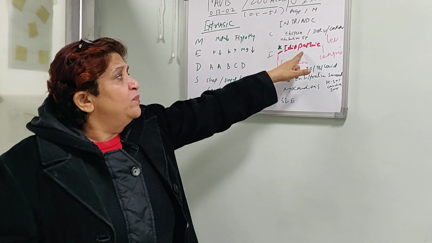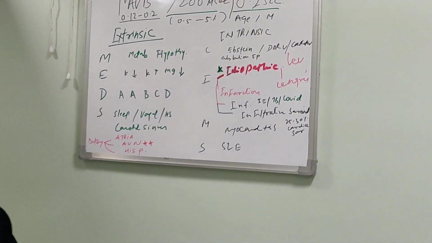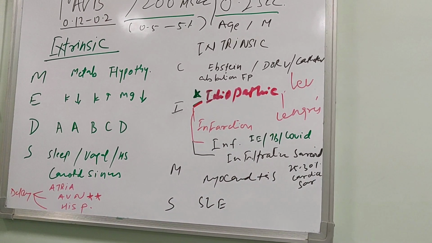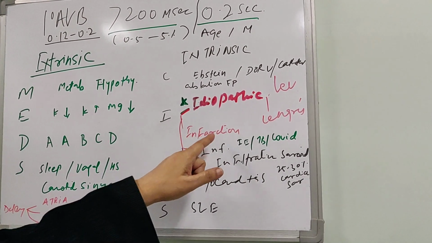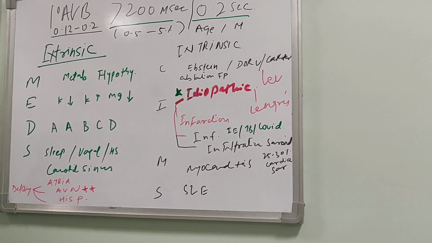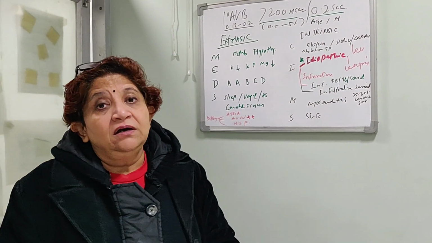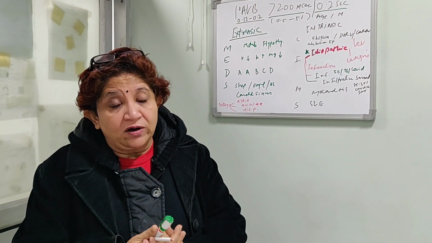So I for idiopathic, I for infarction, myocardial infarction, I for infections, and I for infiltration. So myocardial infarction, especially inferior wall myocardial infarction, has been associated with the first degree AV block.